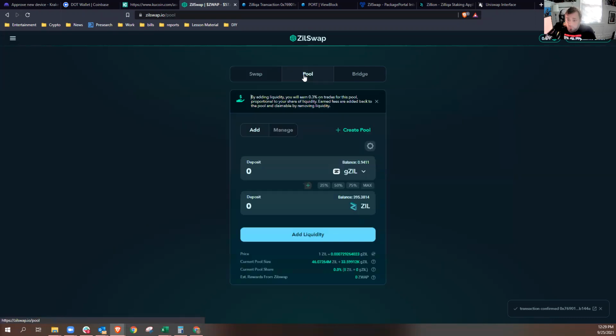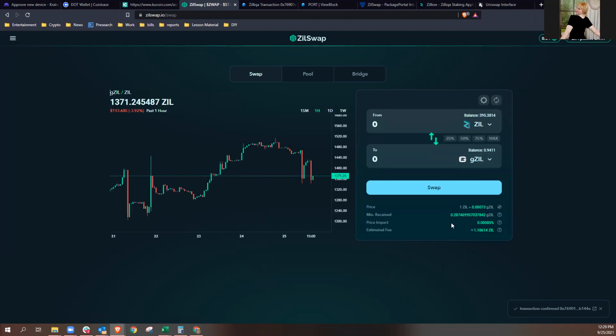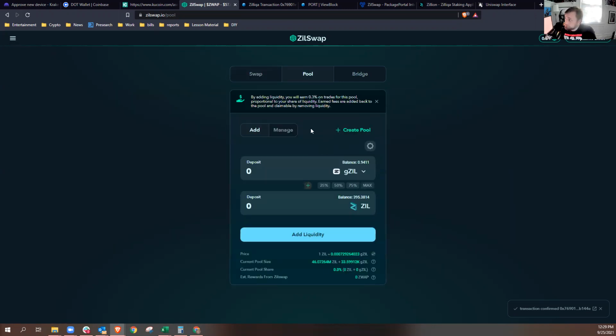I want to do a pool. I want to take advantage of people trading back and forth because there's a transaction fee. Like there's an estimated fee. People in a pool share that fee.